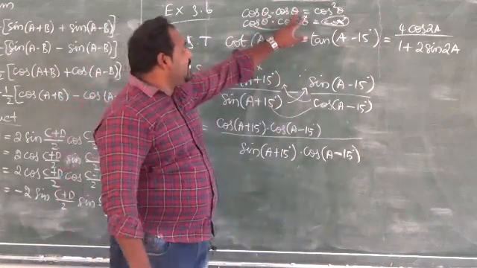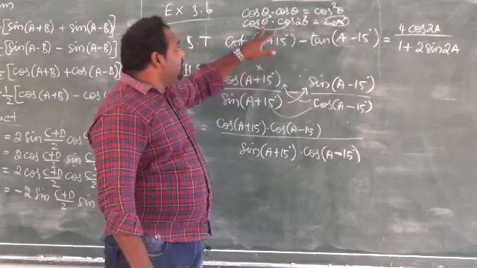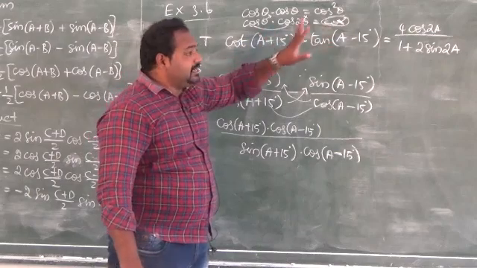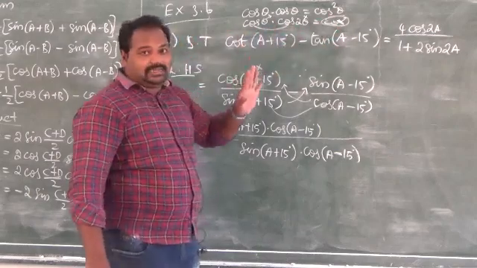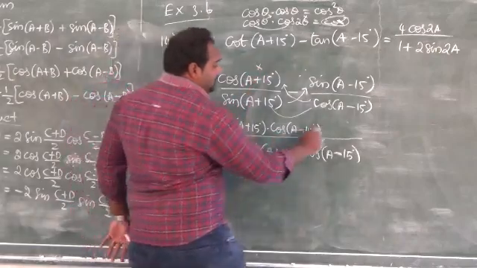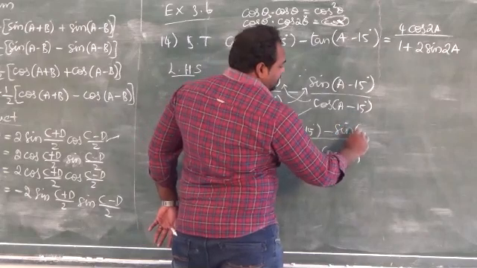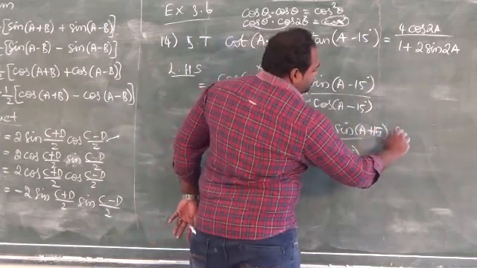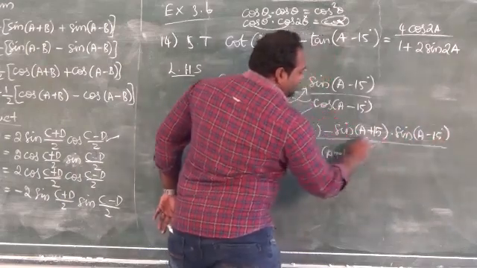When you have the same angle only, we can have a square. When the arguments are different, just leave it like that. So minus, here cross multiplication, sin of A plus 15 into sin of A minus 15.